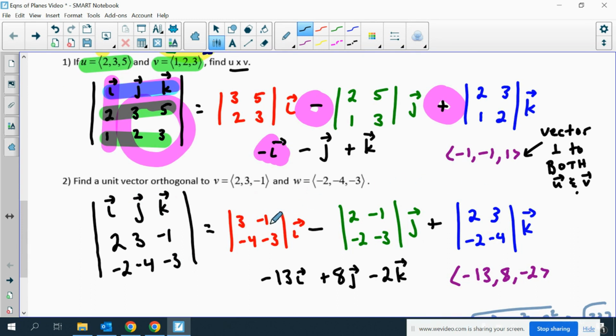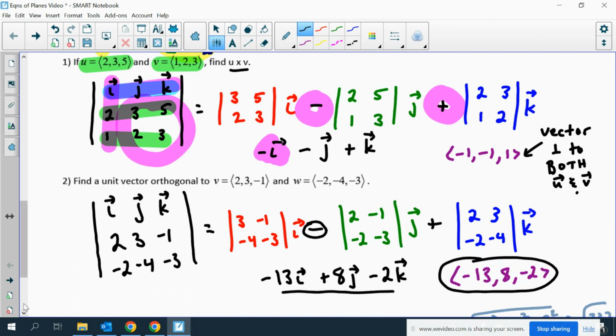We compute all these things: negative 9 minus positive 4, negative 6 minus positive 2, which is negative 8, but then you have a negative sign, so it turns into a plus 8. And then negative 8 minus negative 6 gives you negative 2. So here is your orthogonal vector to both v and w.